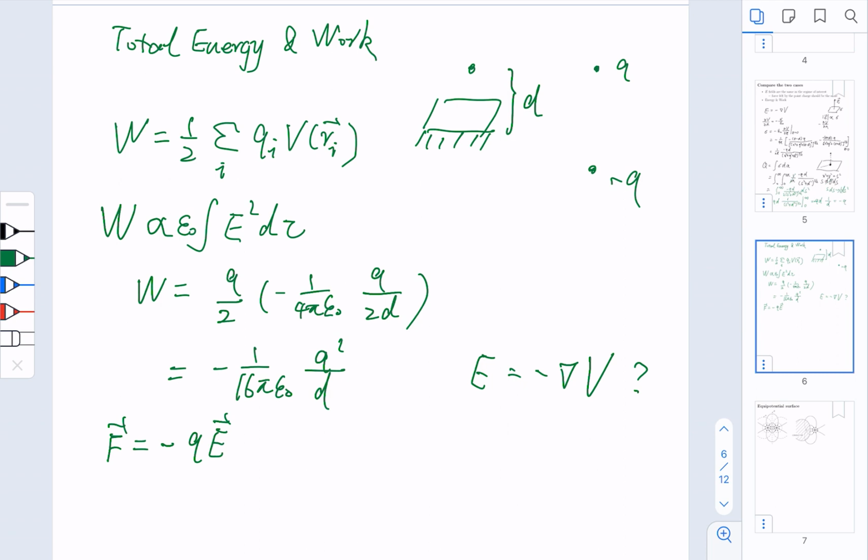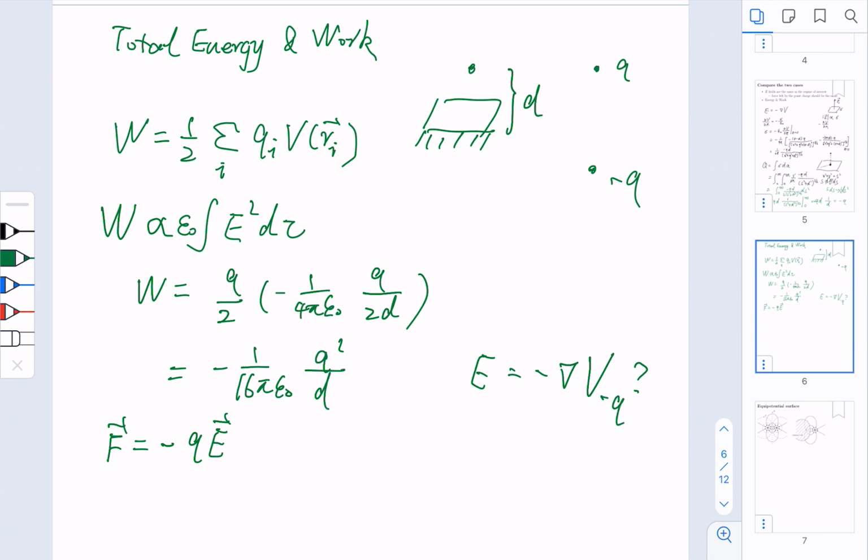Otherwise we are double counting the fields. So here this V actually should not be the V that we obtained earlier. It should be the V that's excluding the contribution of this above test charge. Which means that this V is really the V due to this minus Q charge.